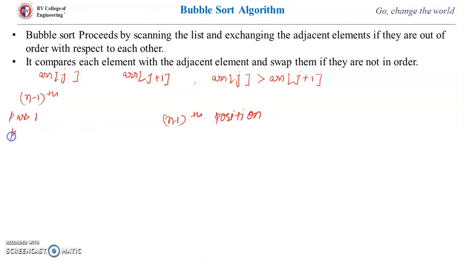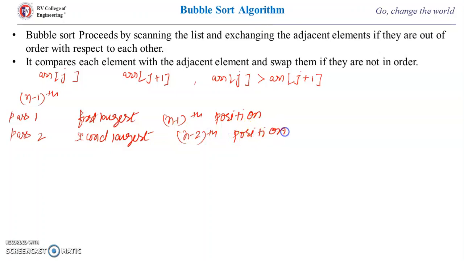After the second pass, pass 2, the second largest element will be at its position, that means the n-2th position. Similarly, after each pass the next larger element, so after pass 3, the third largest element will be at its position.